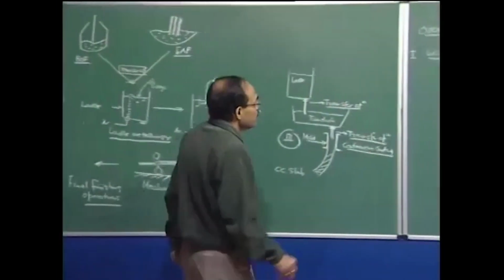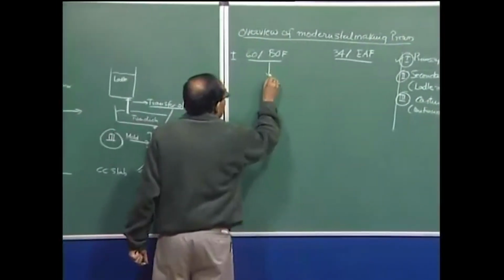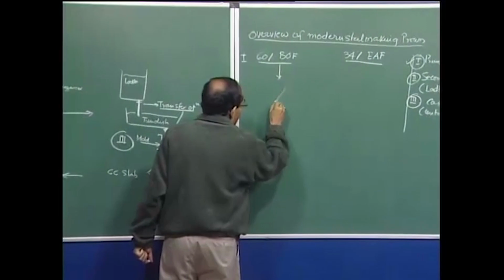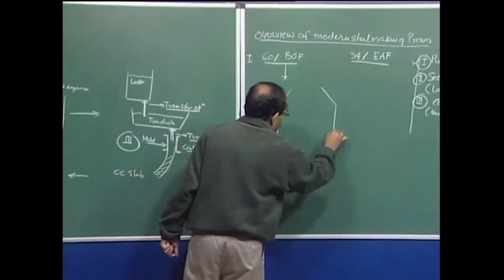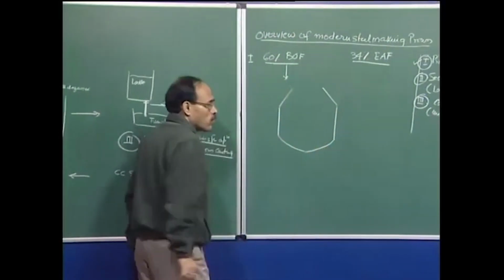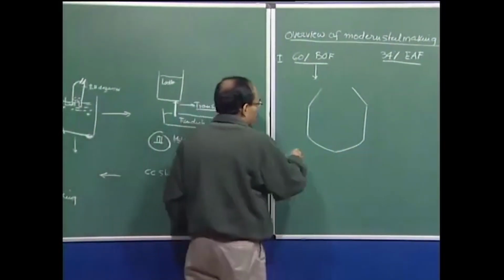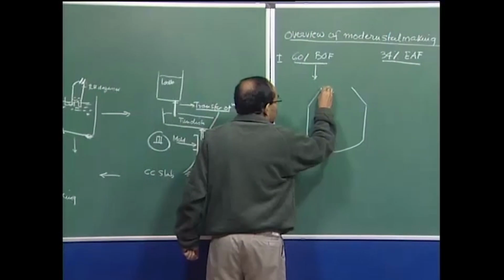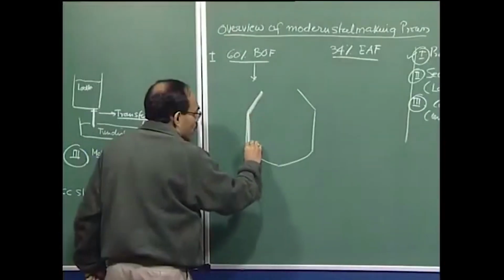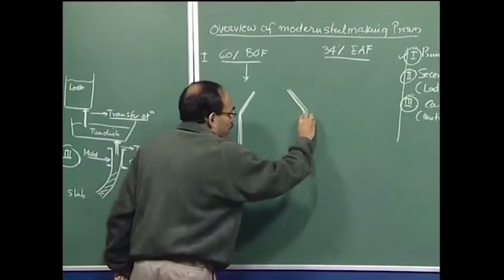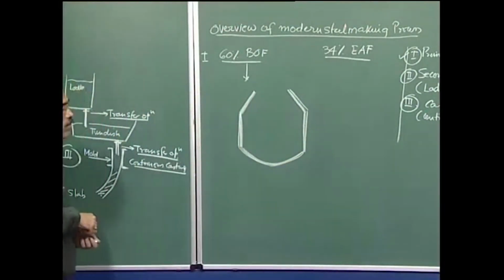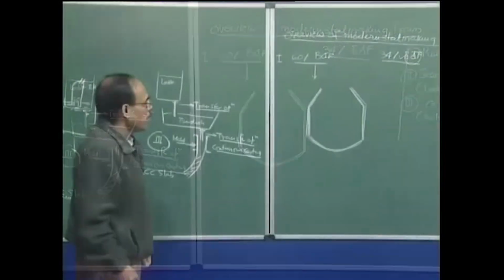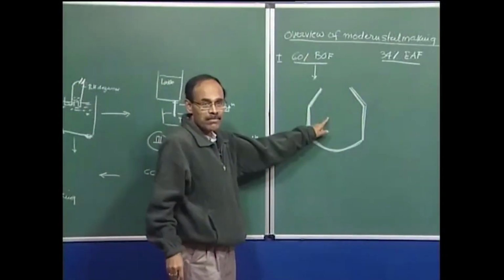So what constitutes feed to the BOF? This is a pear shaped vessel. It is refractory lined, and as I mentioned to you, the refractory has to be basic, because the slag that is going to form here is going to be basic.